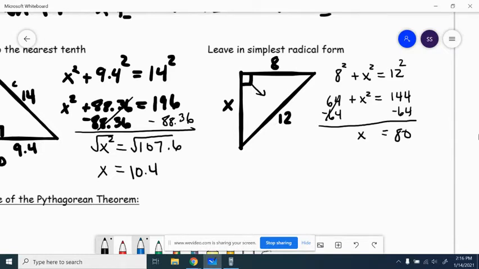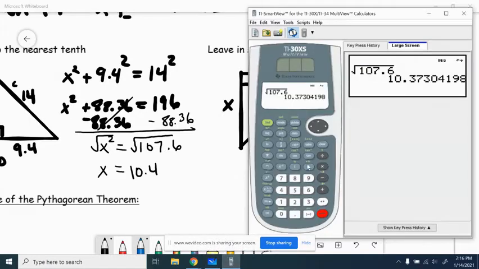Drop down the x squared, and now I take the square root of both sides. Take the square root of x squared, and I get x. Take the square root of 80, and let's pull up the calculator again. Second key, x squared, get the square root function, type in 80, and press enter, and we get this answer in the simplest radical form. So this is 4 times the square root of 5.